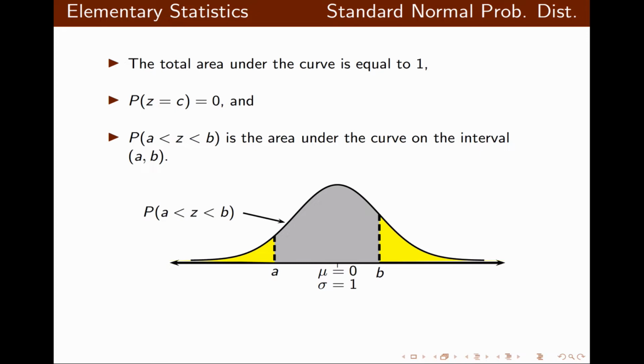And we use that area to describe the probability. A commonly used notation is N with parentheses 0, 1, where 0 represents the mean and 1 represents the standard deviation. And of course, N is for normal distribution.